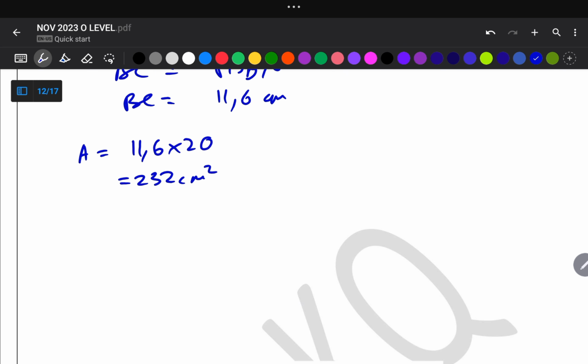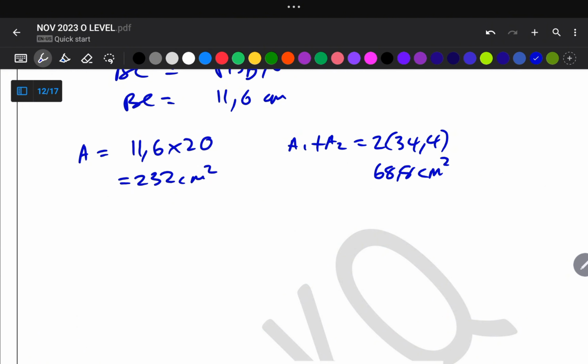And then area of the two triangles, it is A1 plus A2, so it is twice of 34.4 square centimeters. So 34.4 multiplied by 2, this gives us 68.8. So the total area for the two triangles is equal to 68.8 square centimeters.